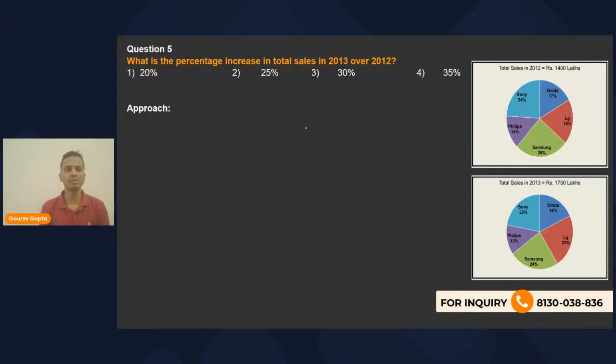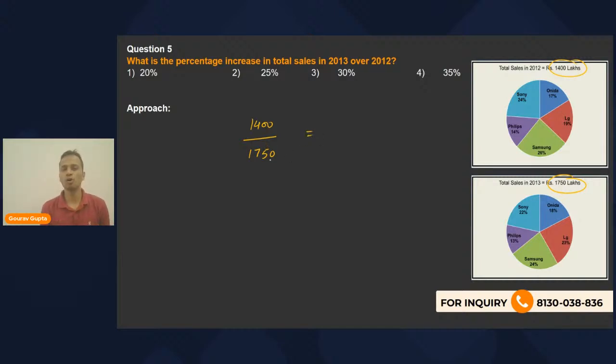All of you, I'm now seeking an answer from you for this question. What is the percentage increase in total sales in 2013 over 2012? In 2013, the total sales is 1750, and in 2012 it is 1400. Look at these numbers, 1400 and 1750, and focus on them.